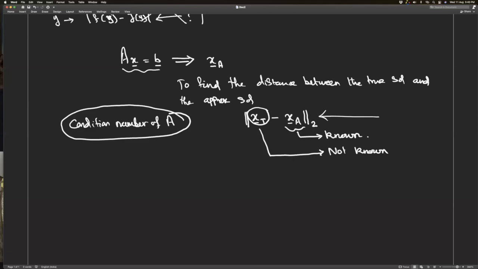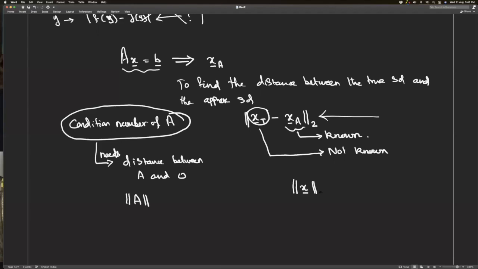Now, to define this condition number, we will have to find the distance between A and the zero matrix. In other words, we will have to work with a number which looks like this. Something like in the Euclidean space, you can ask, what is the distance between the vector x and the origin 0?